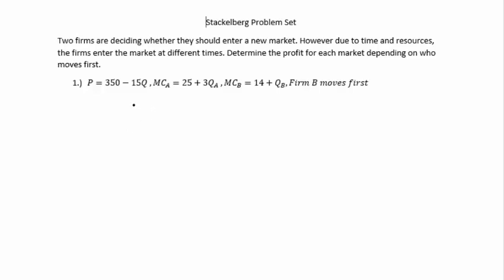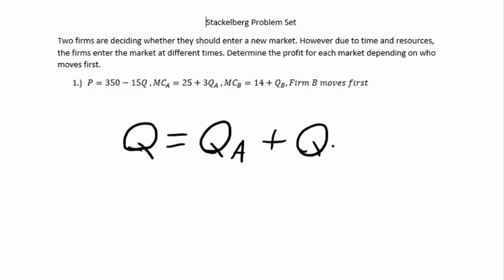So one thing to note is that our price function has a Q, and we know that Q equals QA plus QB because Q is total market quantity and takes into account both QA and QB.